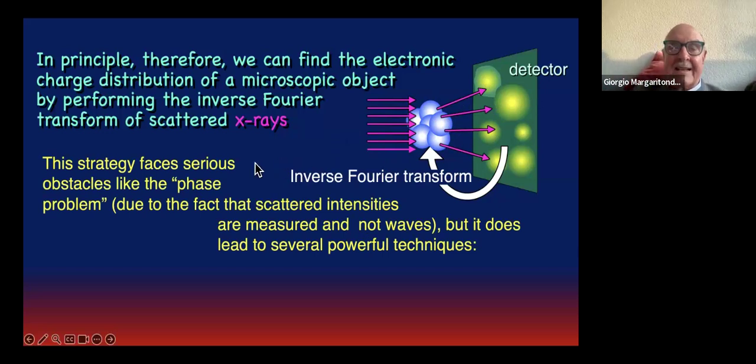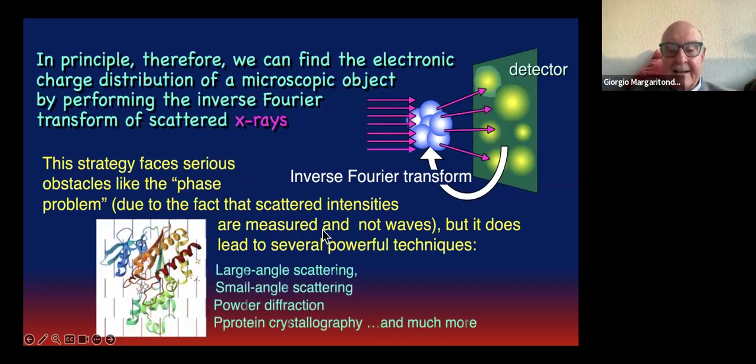And therefore, this interferes with the phase in a way that is absolutely not easy to solve. But nevertheless, this problem has been attacked and solved in many cases using synchrotron radiation and its properties. And so this is giving us now a number of possible different techniques.